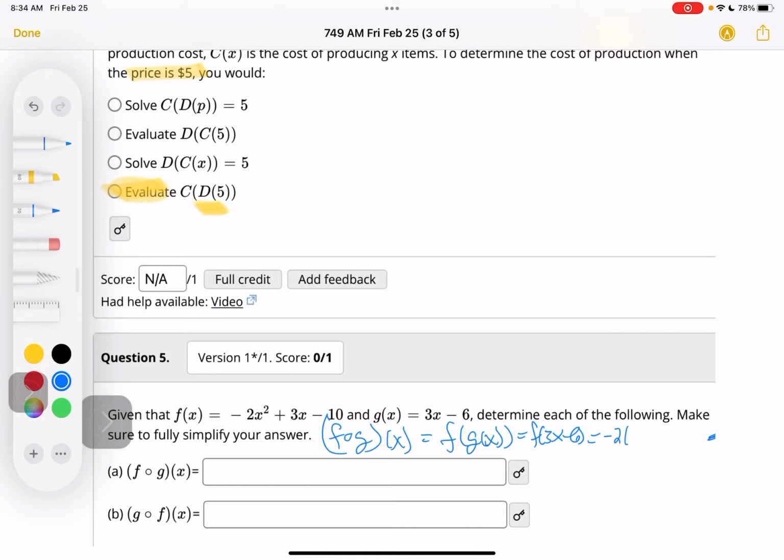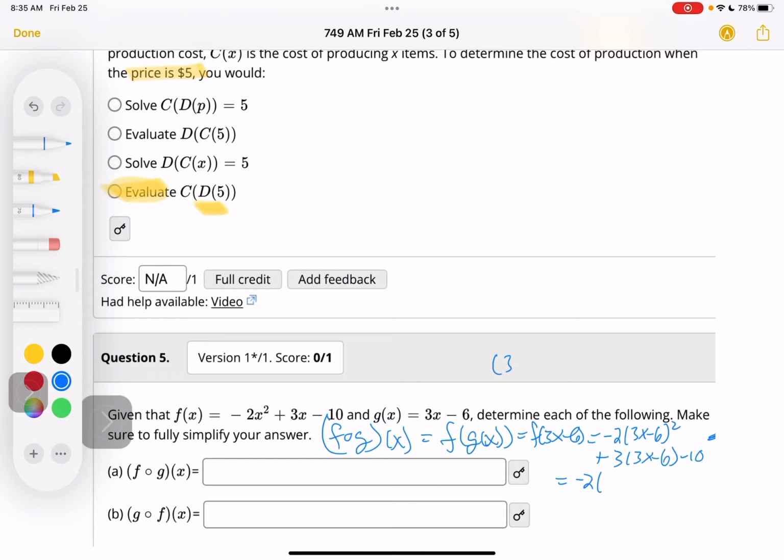Negative 2 times 3x minus 6 squared plus 3 times 3x minus 6 minus 10. So that's going to be negative 2 times, and then 3x minus 6 squared. You have to remember how to FOIL.